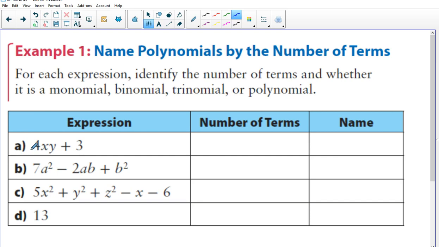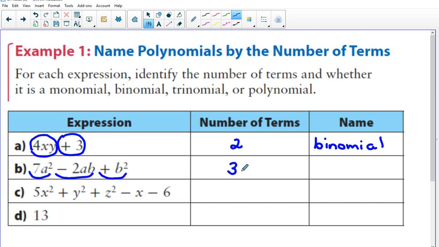So when I look at counting the number of terms, I'm counting the expressions that are separated by plus or minus signs. So 4xy plus 3. That's 2 terms. And 2 terms is a binomial. Okay, B, 7a squared minus 2ab plus b squared.